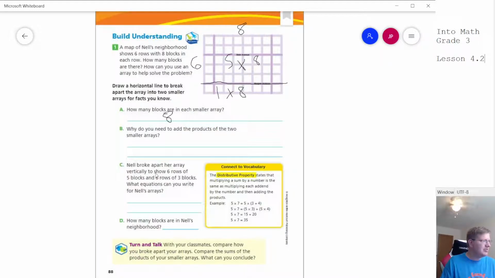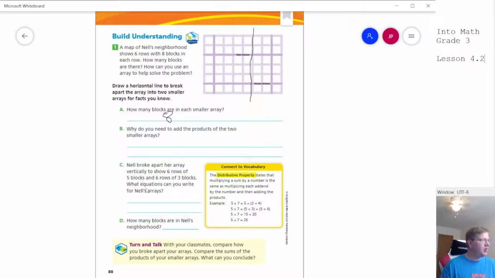Let's see. So for part C, it says 6 rows of 5 blocks and 6 rows of 3 blocks. So let's go ahead and change this real quick. And so we're going to take this and we're going to count over 1, 2, 3, 4, 5, and draw our line through like this so that you can see how that looks.